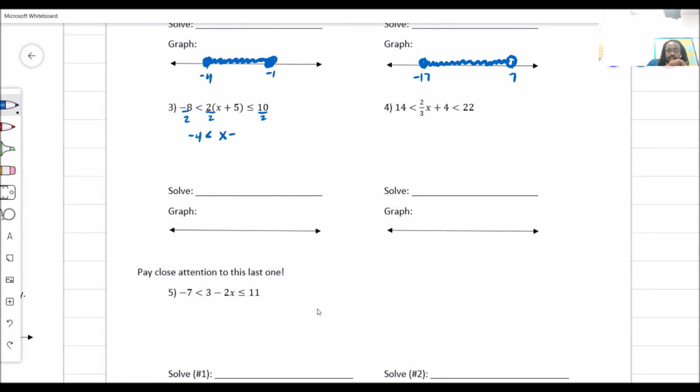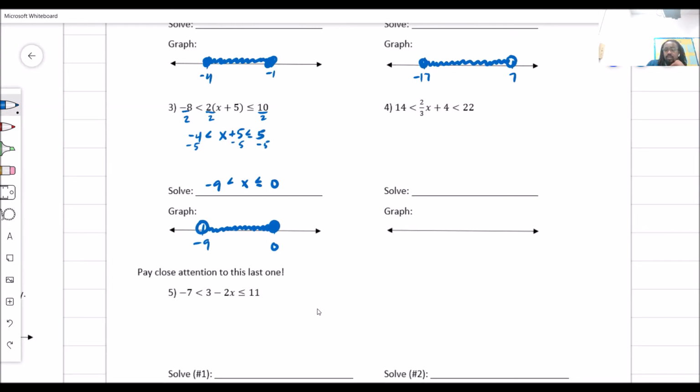So in the middle now I have x plus 5, and now I have it is greater than negative 4 and less than or equal to 5. Subtract 5 from every side. And so I have negative 9 is less than x, which is less than or equal to 0. Open circle at negative 9, closed circle at 0, everything in between, shade it.